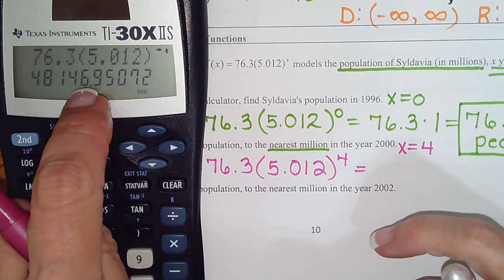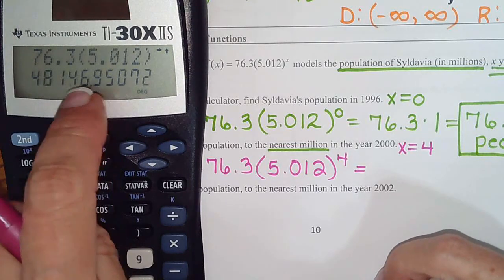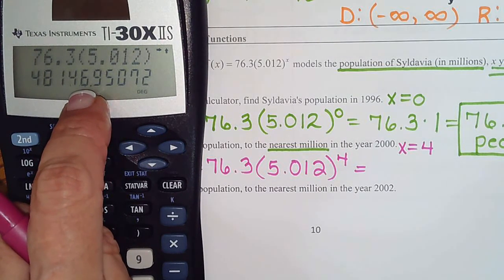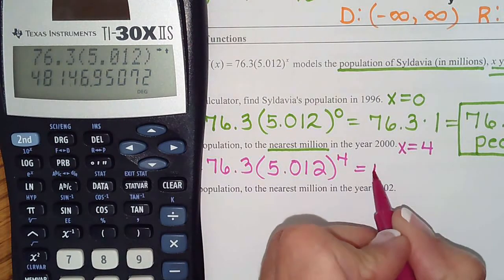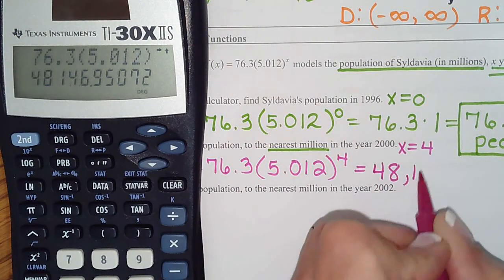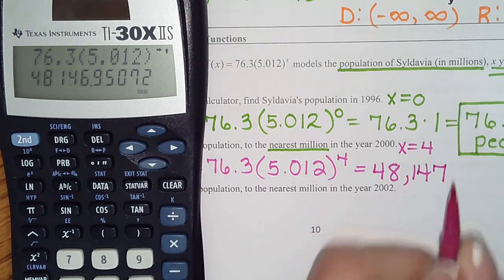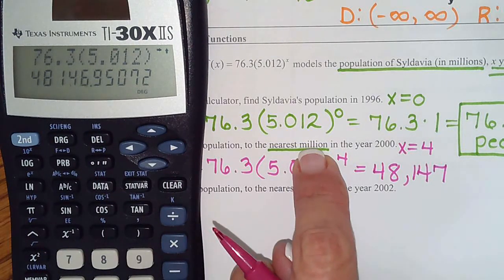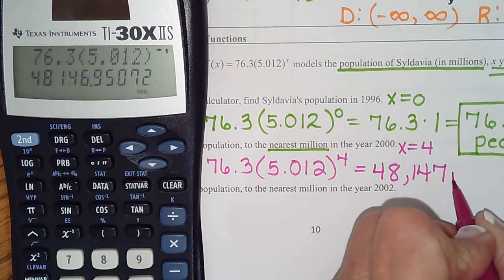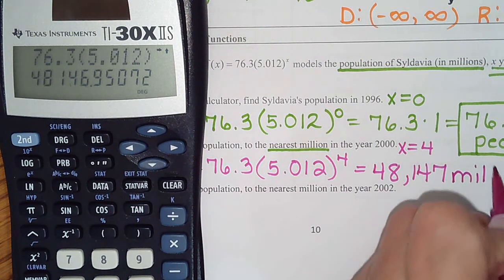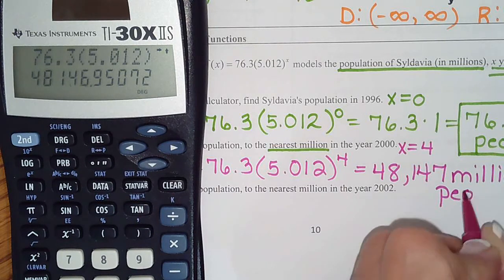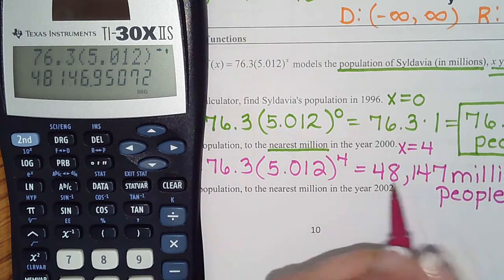So 6 followed by a 9 says make it 7. So it'd be 48,147. And then we cut that off because it says nearest whole number, millions. And then we write million people. And we'll do part C on the next video.